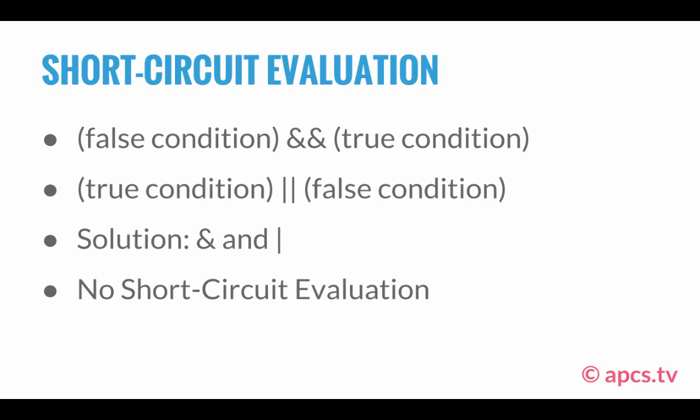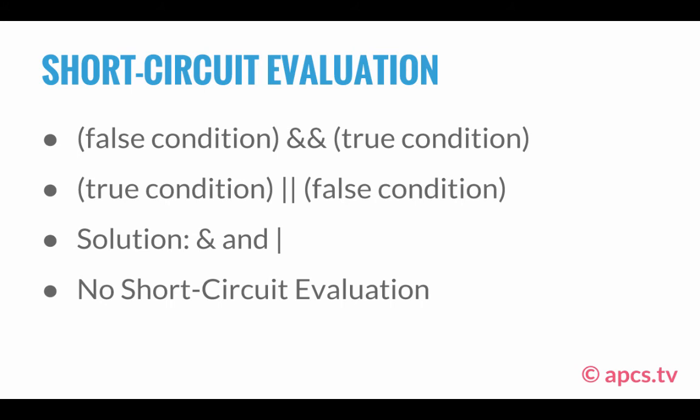But the important thing to notice is that sometimes the second condition could be something like x plus plus is greater than 1. Even if it's true or false, it doesn't matter, we want the x plus plus operation to occur because that's essential to the rest of our program. Or something else is happening in the second condition that we need for the rest of the program.